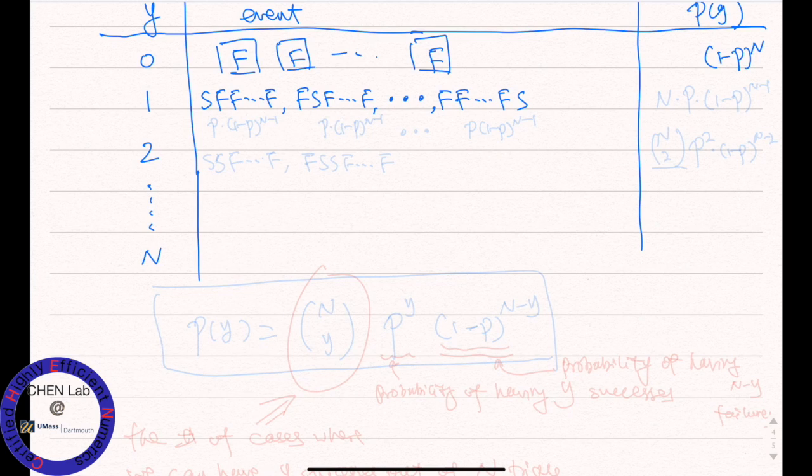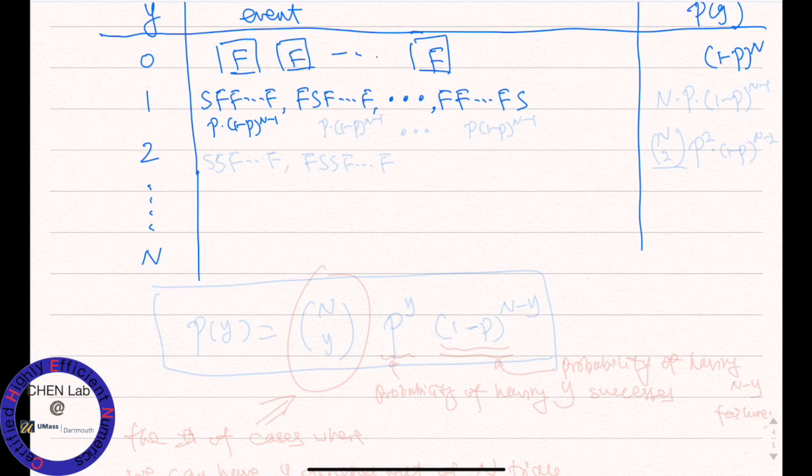By the same notion as we did the first one, each of these is independent. Each of these would get P for S, and 1 minus P for all the F. So what do I get? I get P times (1 minus P) to the n minus 1.